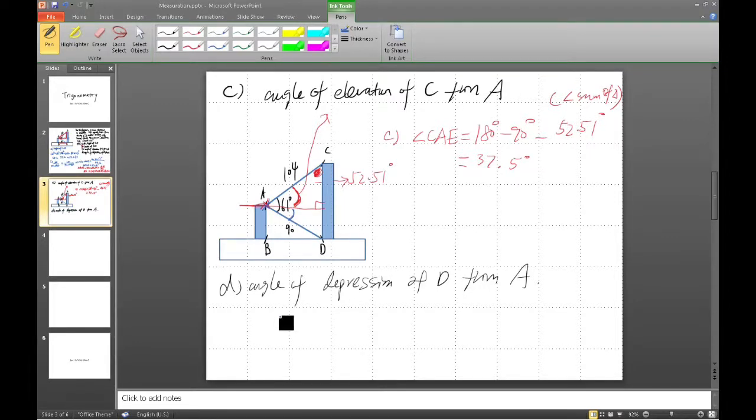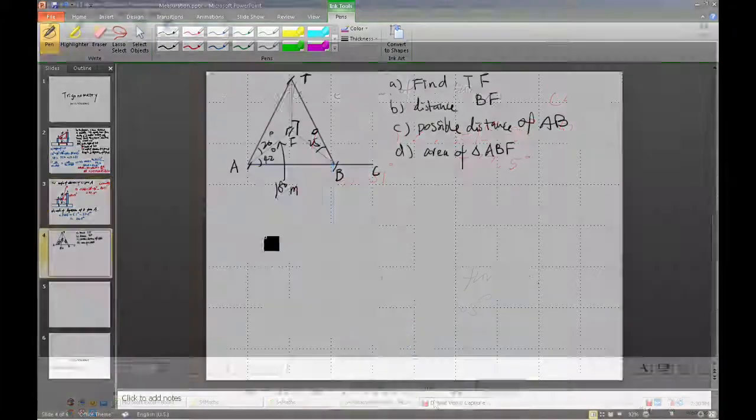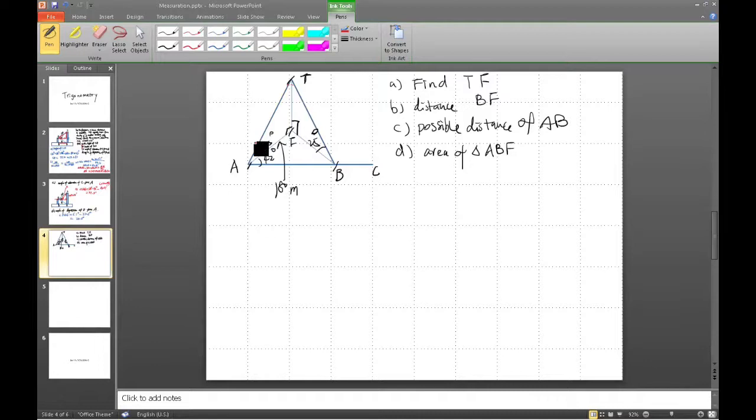Therefore, this angle of depression of D from A, angle DAE, equals to 61 degree minus 37.5 degree, which is 23 degree.